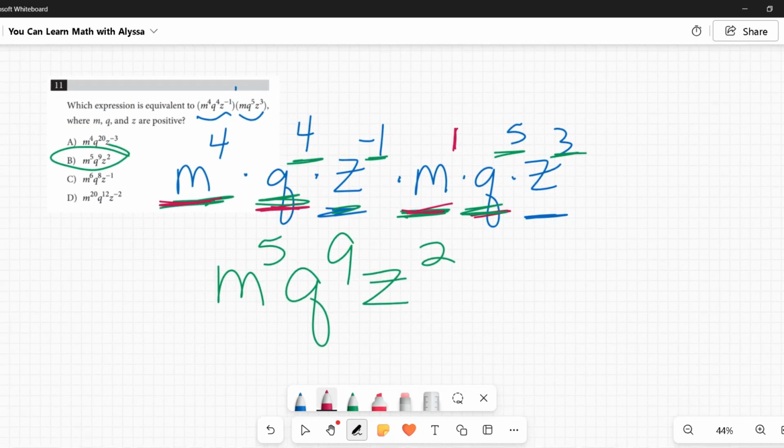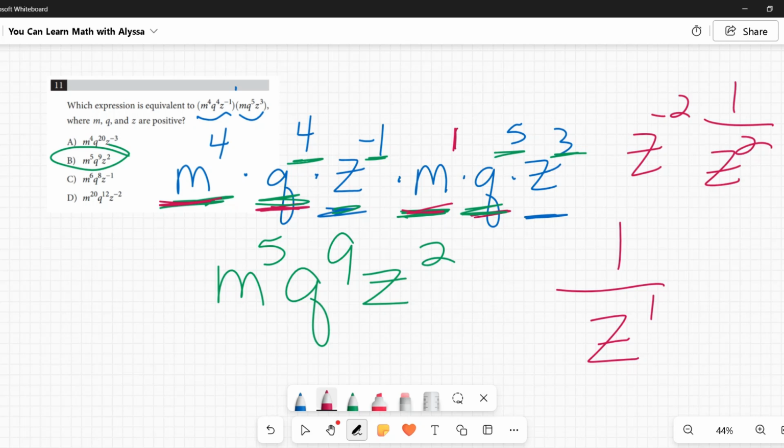Yeah, and if you're wondering why z to the negative 1, any exponent that's negative means 1 over that. So 1 over z to the power of 1. If this was z to the power of negative 2, that's the same as 1 over z to the power of 2. So the reason why it still works, that we say negative 1 plus 3.